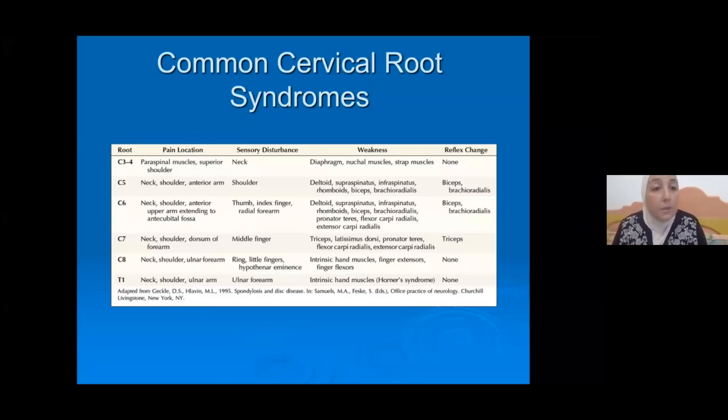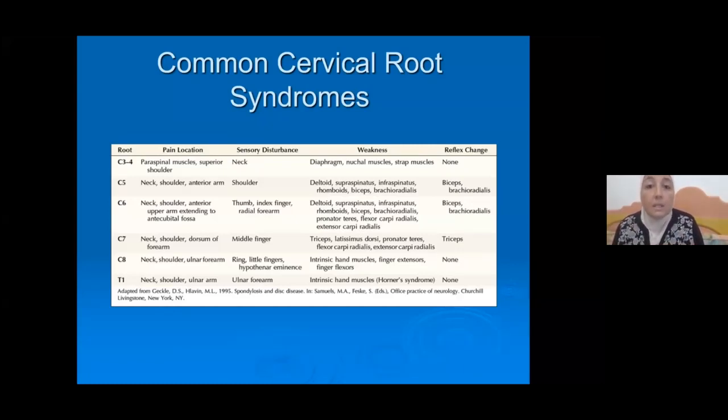A patient with C3 and C4 root affection will complain of pain in the paraspinal muscle and superior shoulder region. The sensory affection will be in the neck, the vague sensation we talked about.